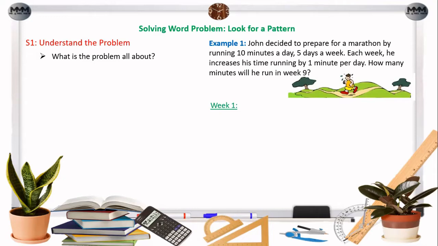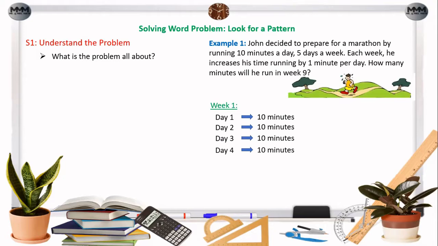In week 1, he runs 5 days a week. So we have day 1, day 2, up to day 5. And in the given, in day 1, he runs 10 minutes. So the same in day 2, he also runs 10 minutes, up to day 5.